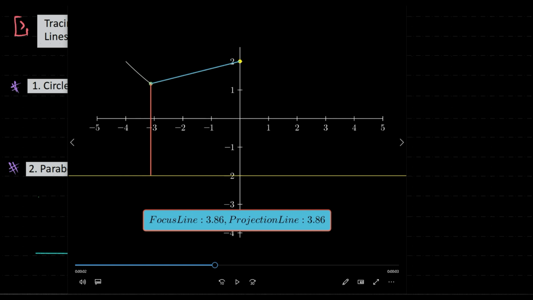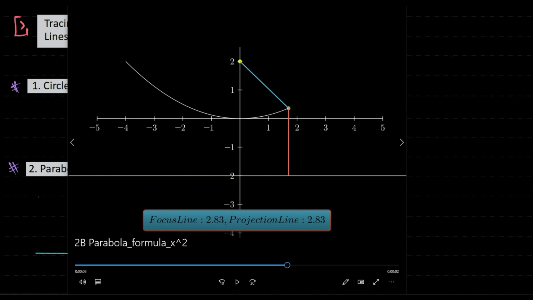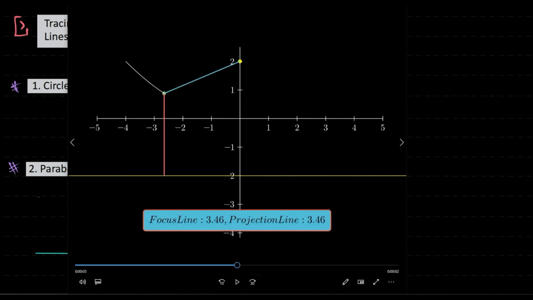Between these two, we have this set of points which satisfy that condition. So this length is equal to this length. Again, this length is equal to this length, and this length is equal to this length. So for any point in the space, this condition is satisfied.